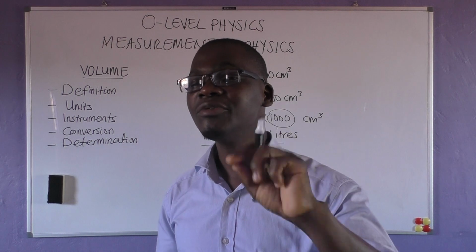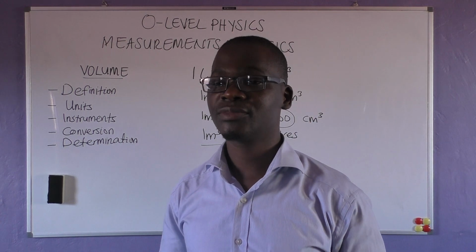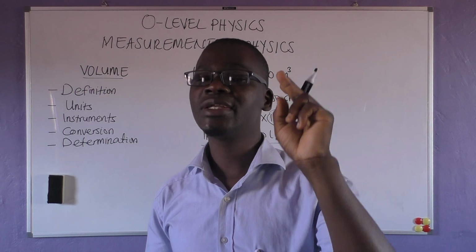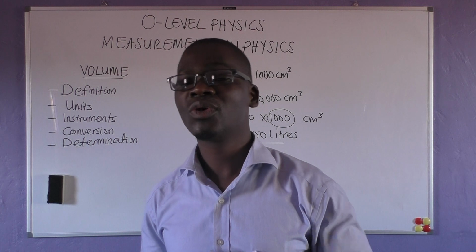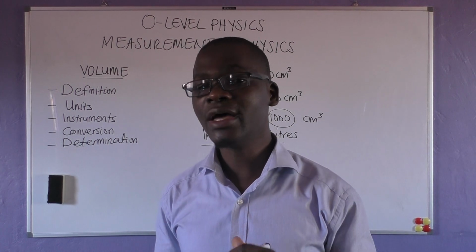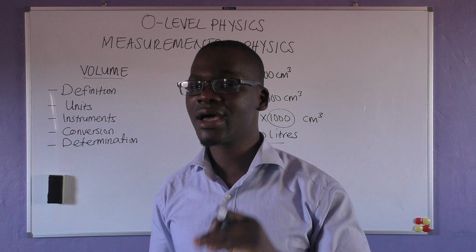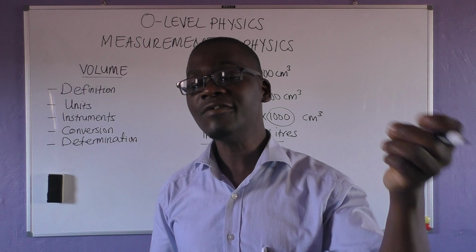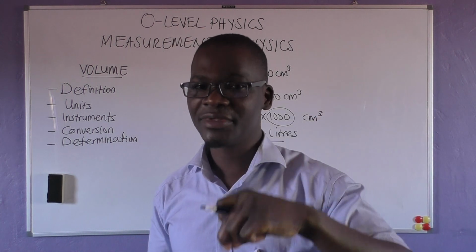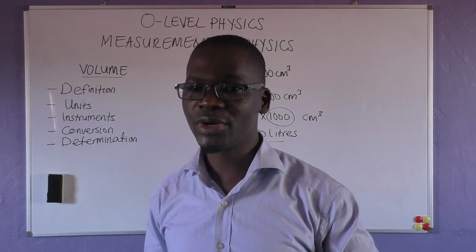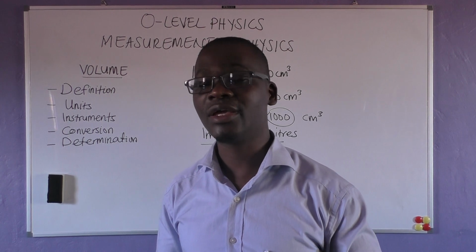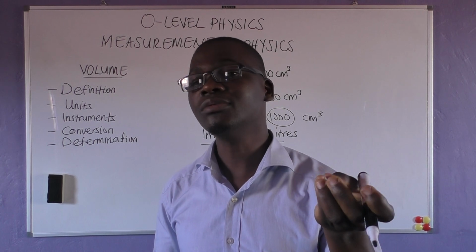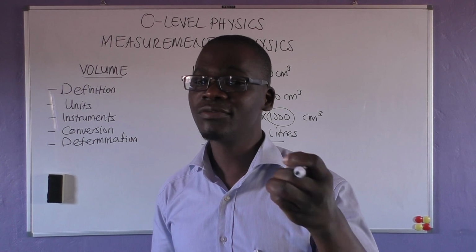Then for an irregular shaped solid like a stone, we get the volume using two methods. We shall use the displacement method, where we pour water in a measuring cylinder and note the initial volume, and then carefully, completely immerse our solid using a thread into the water, and automatically the water level will rise, and we shall read and record the new volume.